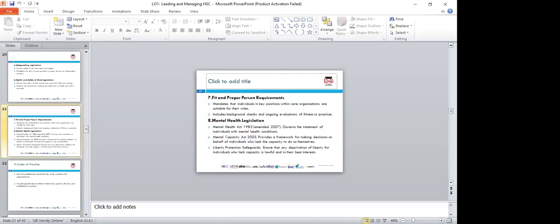Then you have the fit and proper person requirements. It mandates that individuals in key positions within care organizations are suitable for their roles. It boils down to the same thing we are talking about: trained, fit for purpose, with all the necessary trainings and certifications. In fact, those who work in hospitals, for that matter the NHS, in addition do clinical immunizations.